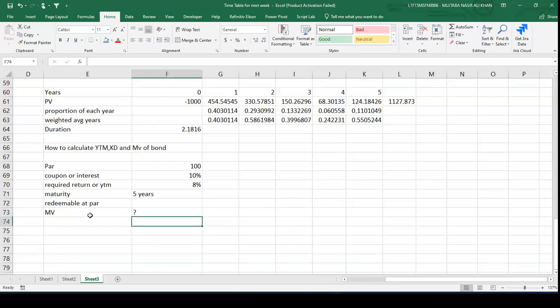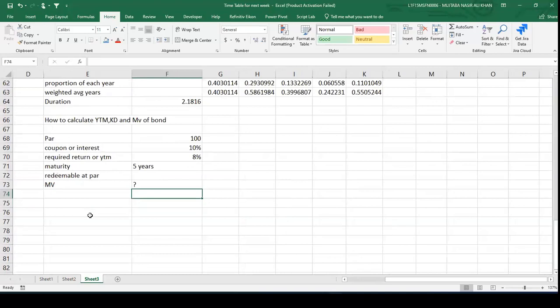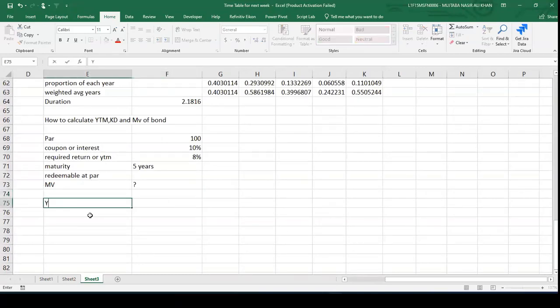Now using Excel, it is quite simple. How are you going to do that? Number one, you will write the years: 1, 2, 3, 4, 5. Then you will write the cash flows.